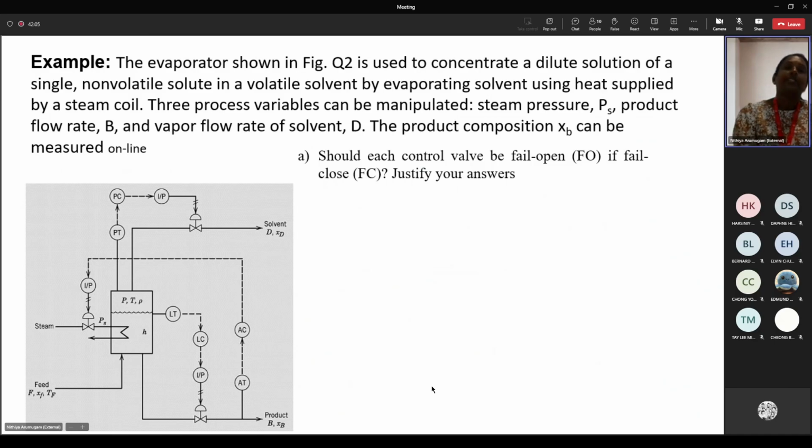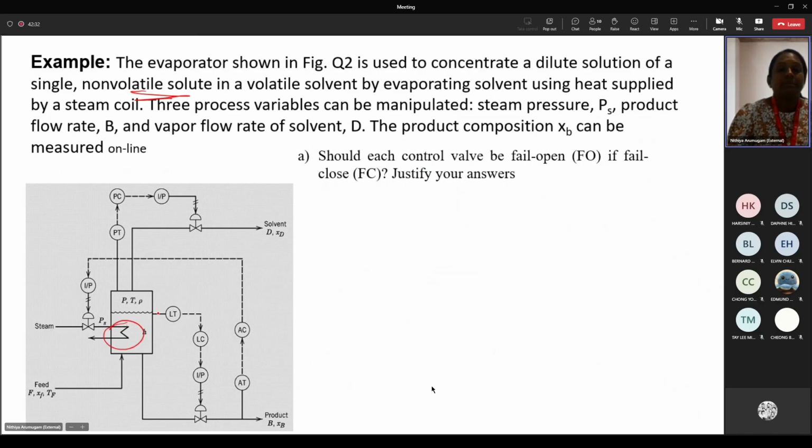Now we have another example here with the evaporator, used to concentrate a dilute solution of a single non-volatile solid in a volatile solvent by evaporating solvent using heat supplied by a steam coil. So steam coil is what we are talking about.